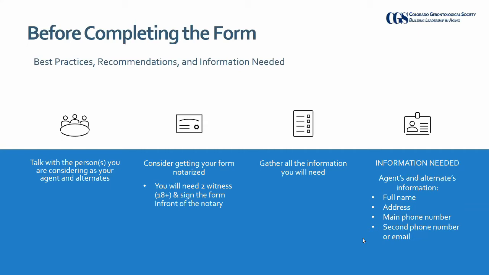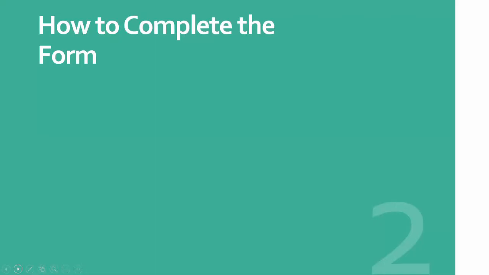You will need their full name, their complete address, their full main phone number, a second phone number if available, or email. So when you have the conversations with those folks, that's a perfect time to make sure you gather that information and that you have the correct information to put in the form.